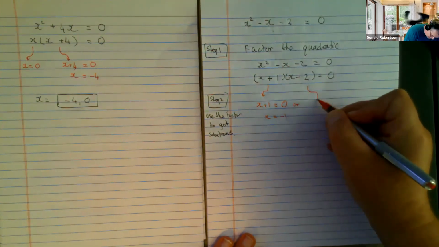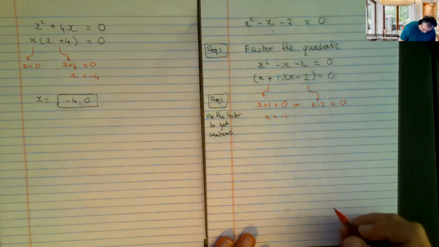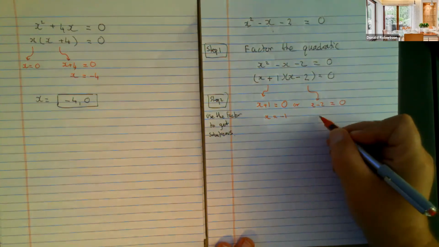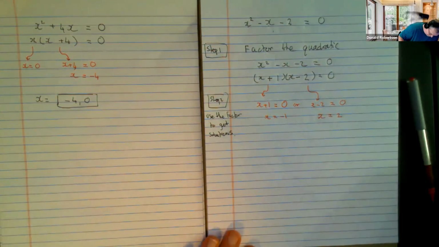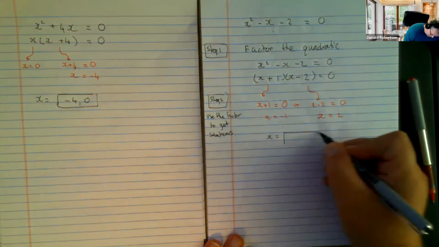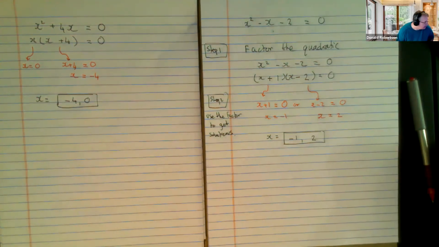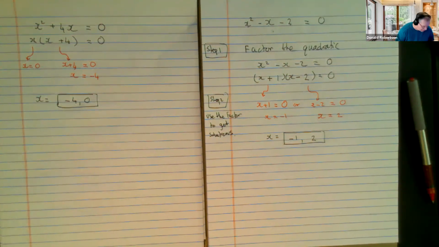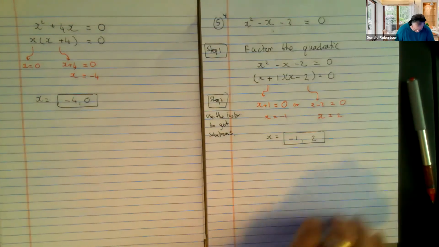Or the second factor, which is x minus 2, could be 0, and the value of x that makes that happen is 2, and so your solution is going to be negative 1 and 2. So we've essentially covered questions up to number 5 right now.